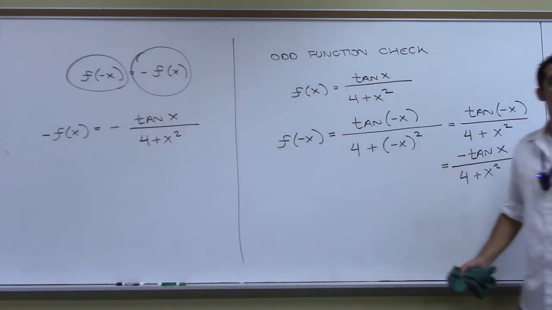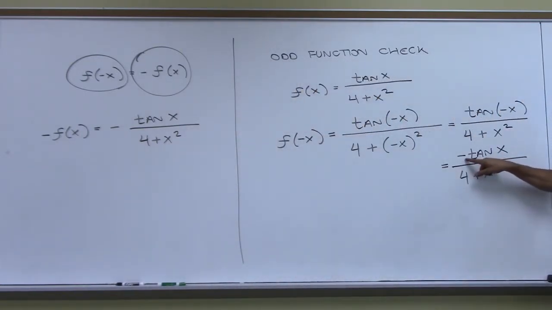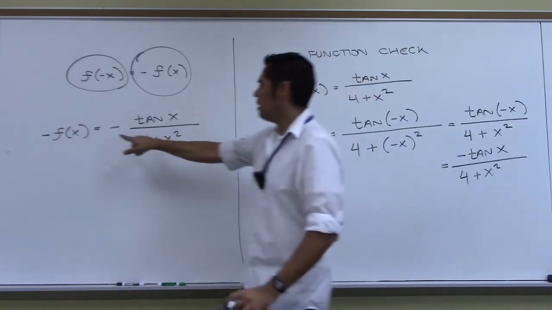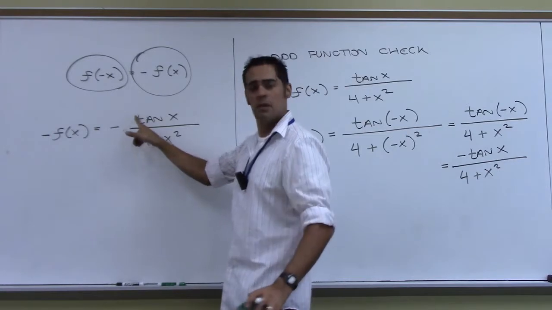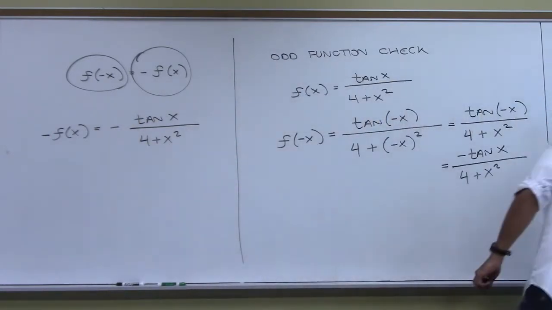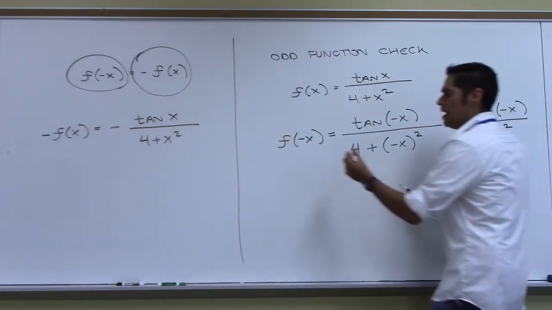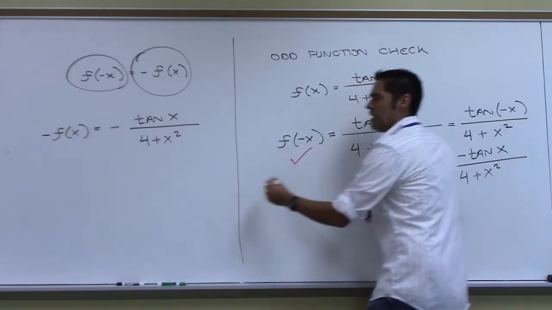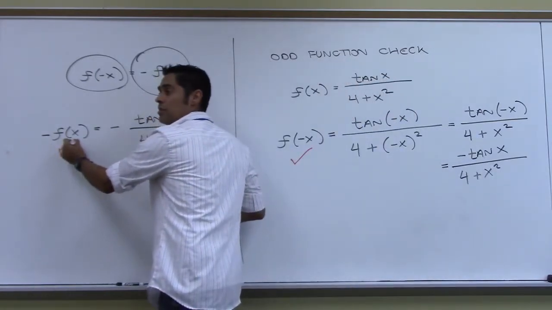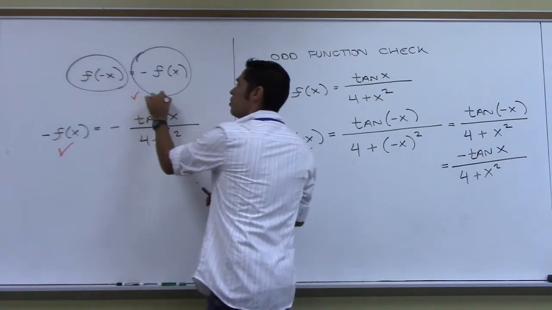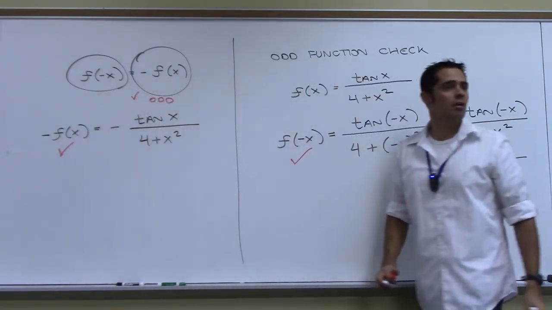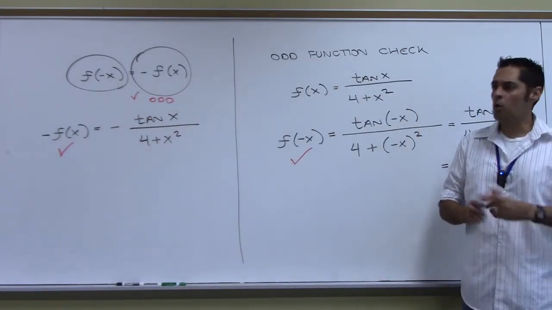It's the same thing, isn't it? That negative can be up top or out front. So f of negative x is exactly equal to negative f of x, which means it is an odd function, which means the answer is 0, with no work at all.